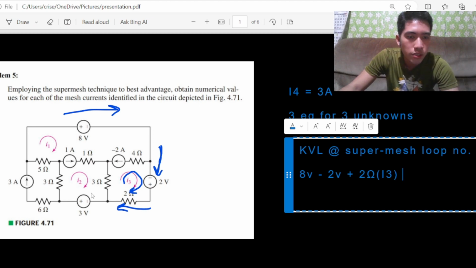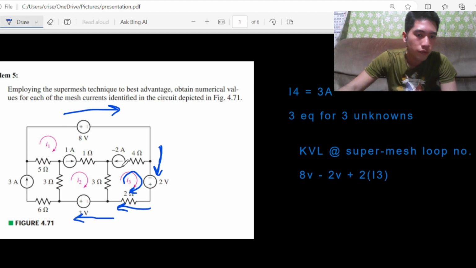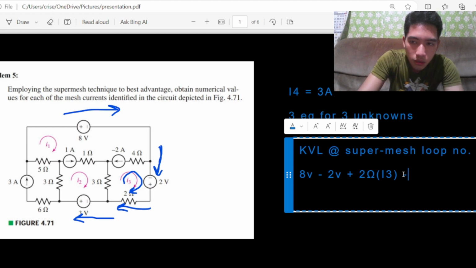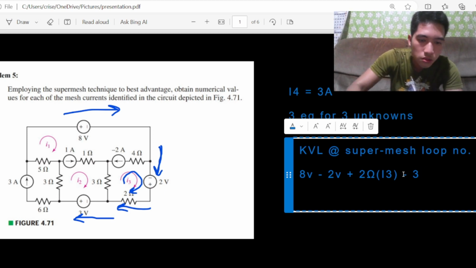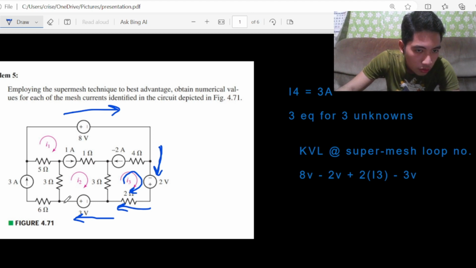Right next to I3 is going to be negative 3 volts, since the current is going to go through this direction, which is going to enter the negative terminal of the 3 volts. So we're going to write that as negative 3 volts. Right after that, our pattern continues to go up through this 3 ohm and then back into this 5 ohms.